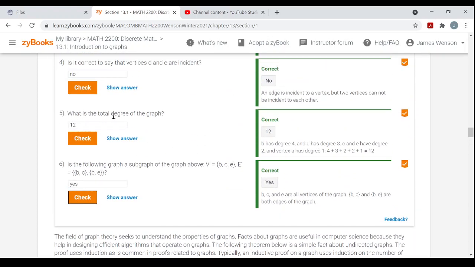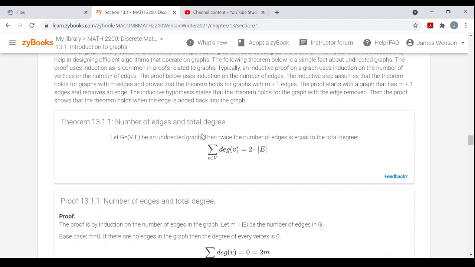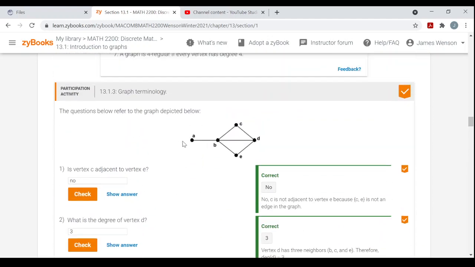When I was asked about the total degree of this graph, what that theorem is saying is that instead of adding up the degrees of all the vertices, which gave me 12, you can just count the number of edges and double it. So there were 1, 2, 3, 4, 5, 6 edges. Double that is 12, and that will be the same as the total degree of the graph.